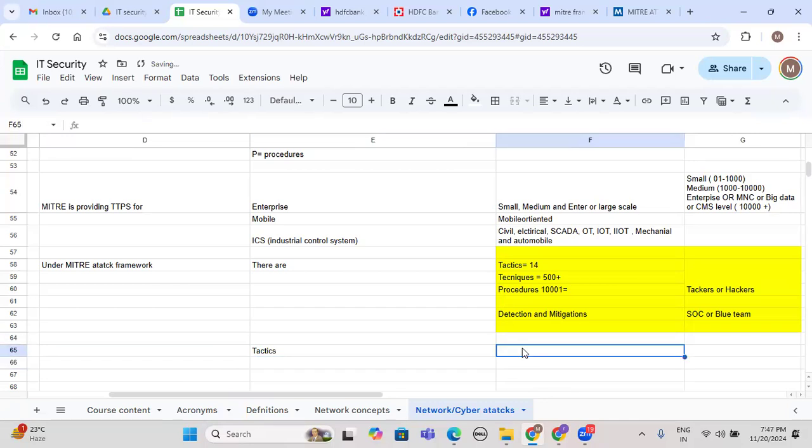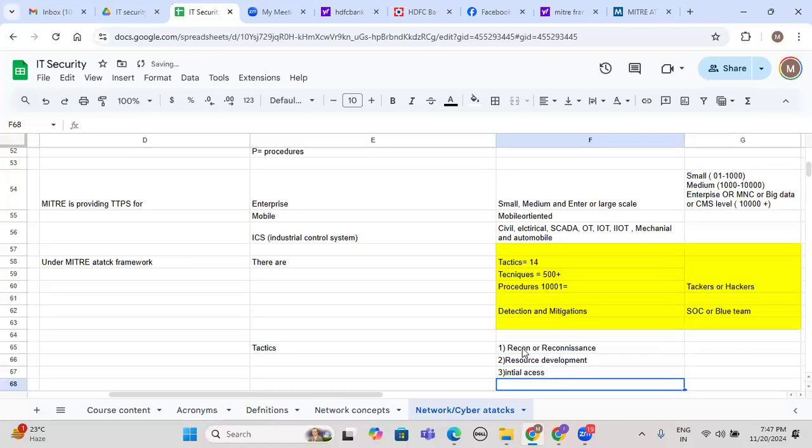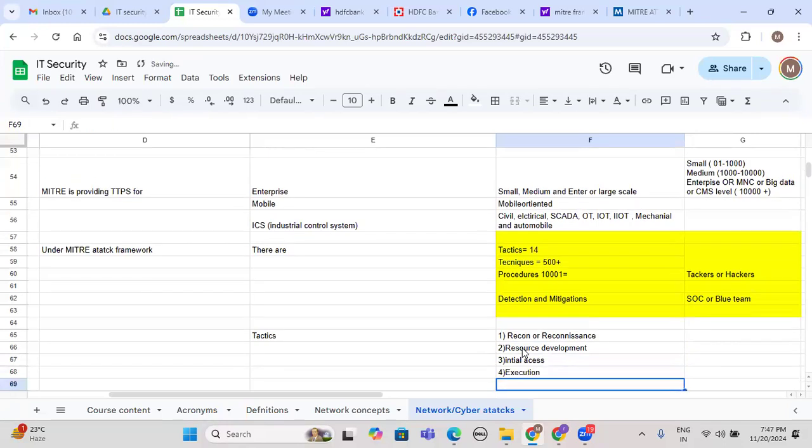First one is recon or reconnaissance. Second one, resource development. Third one, initial access. Fourth one, execution. Fifth one, persistence.